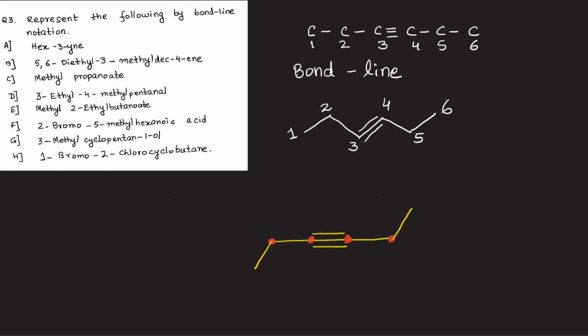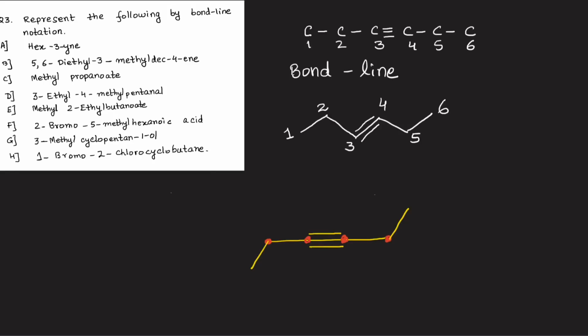Please remember, in order to show the triple bond, here the ends of the triple bond are representing two carbon atoms over here, right? This does not mean a shortened triple bond. This is how we will represent a triple bond when representing it by bond line notation method.